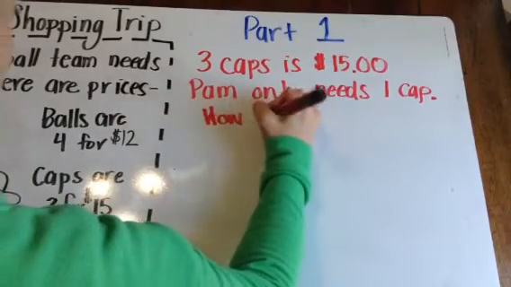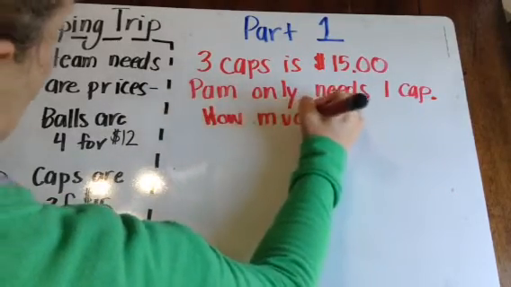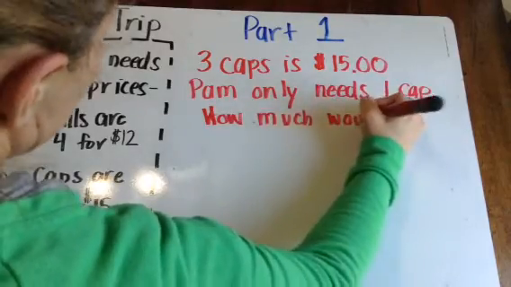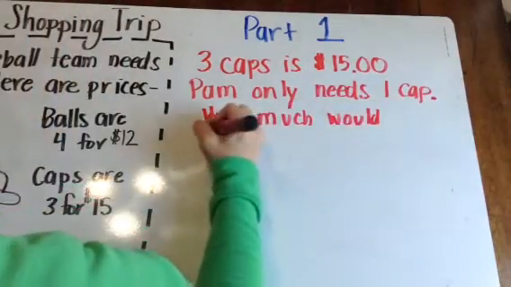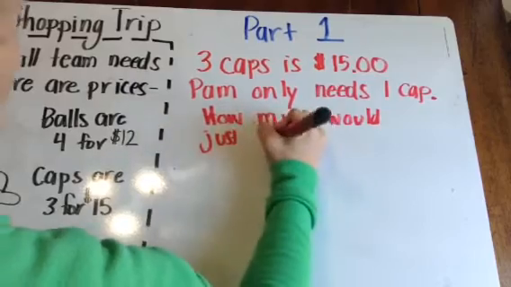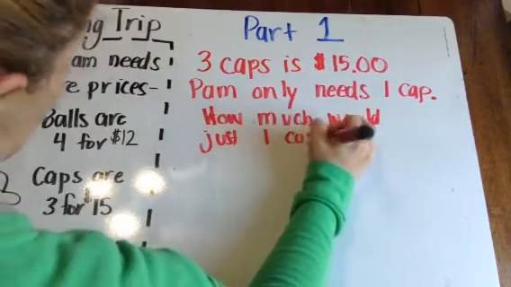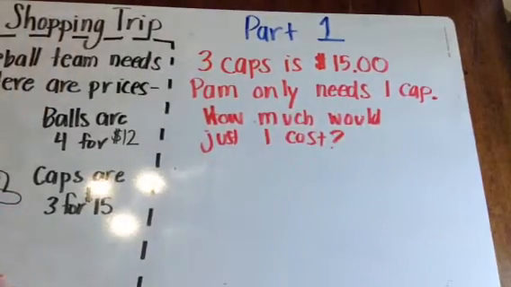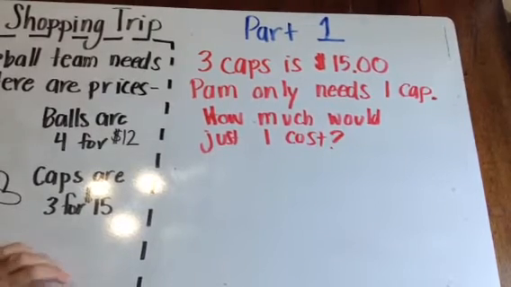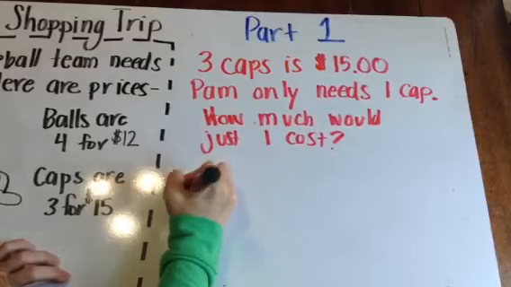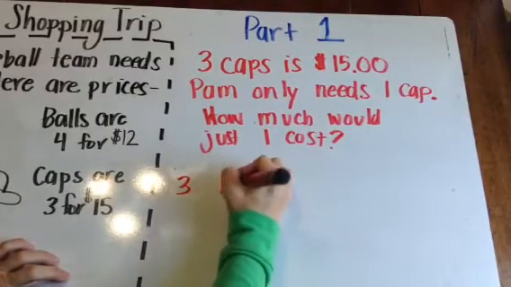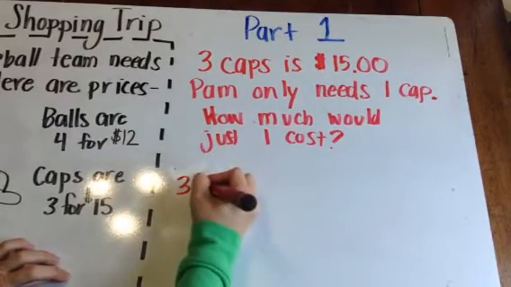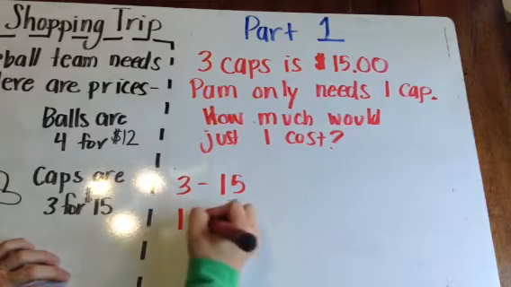How much would just 1 cost? While you're trying to solve this problem today, I want you to use the same strategies that I used. If 3 caps is $15, how much would 1 cap be?